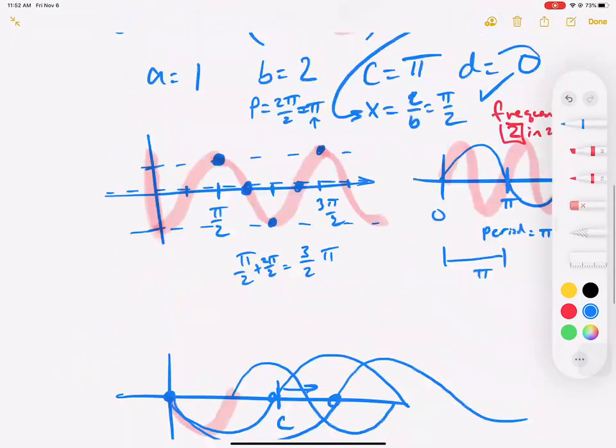We just take D for what it is, 0 or 1 or 2. But C, even though it's supposed to be our phase shift, our X value shift, it is always affected by the person before it, meaning that it shifts right along with it.